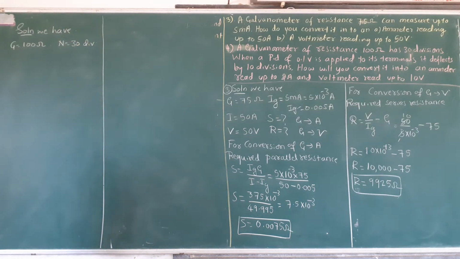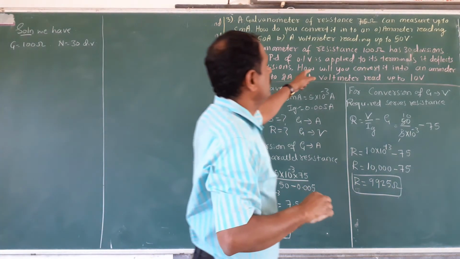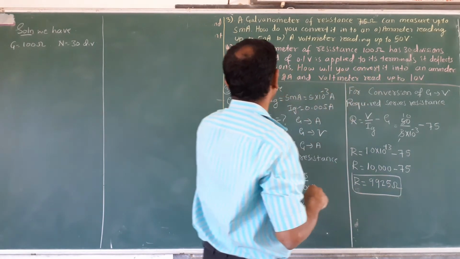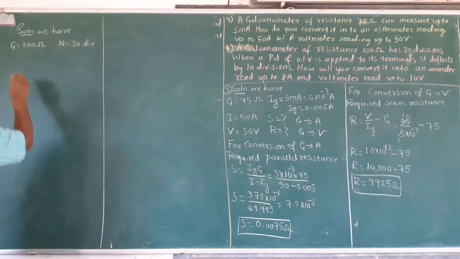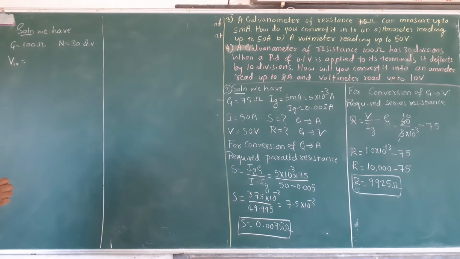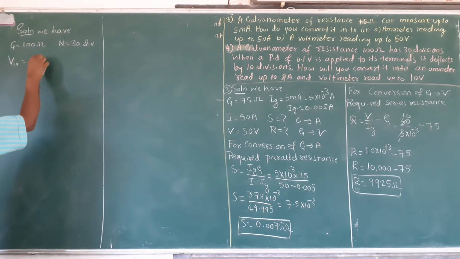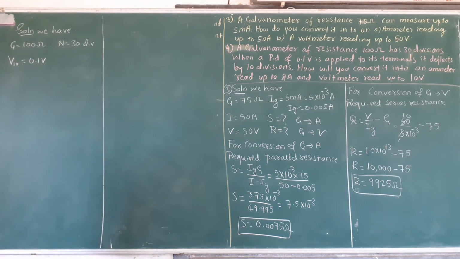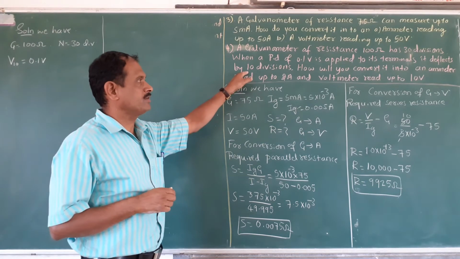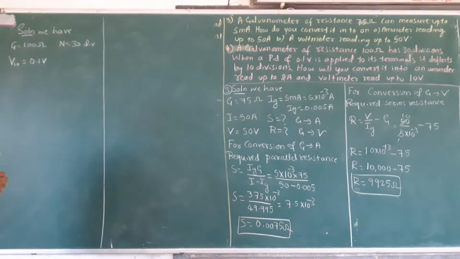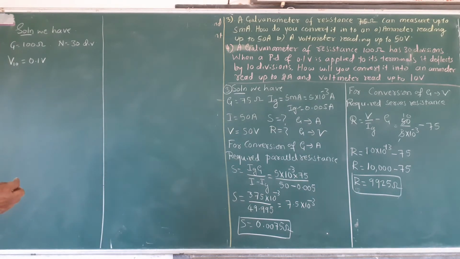A potential difference of 0.1 volt is applied to its terminals. It deflects 10 divisions. And the voltage for 10 division deflection, V10, is equal to 0.1 volt. How many divisions are deflected? 10 divisions. How will you convert it into an ammeter reading up to 2 ampere?